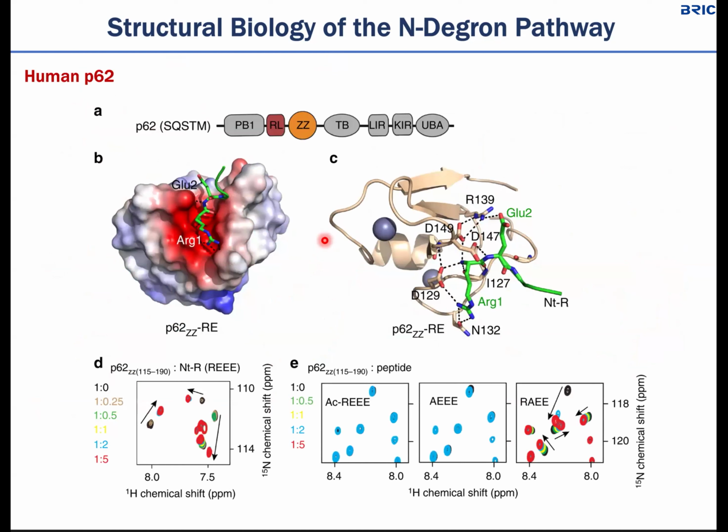Once the autophagic arginine N-degron pathway in humans was discovered in 2015, the crystal structure of the P62 ZZ domain that facilitates recognition of N-terminal arginine and other N-degrons was independently resolved in 2018 by two groups, one of which is us, and the other Professor Song Hyun-kyu of Korea University.